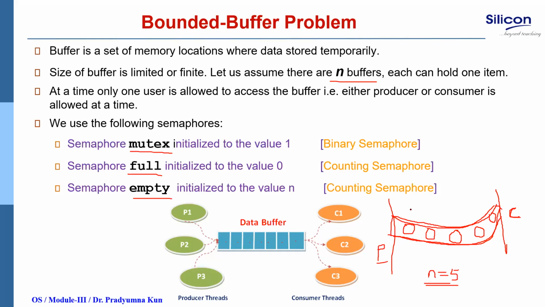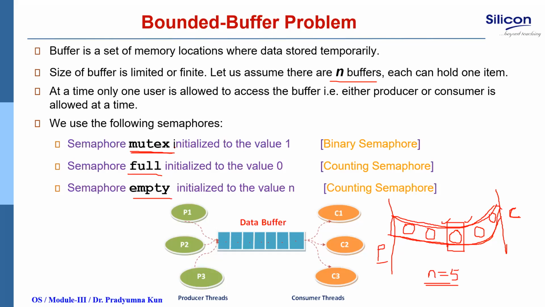Now, as I said, at a particular time, when someone wants to access a slot, either the producer or the consumer must have access. So before accessing, it must put a lock, and after accessing, it must release the lock. For this, we need a variable, that is mutex.